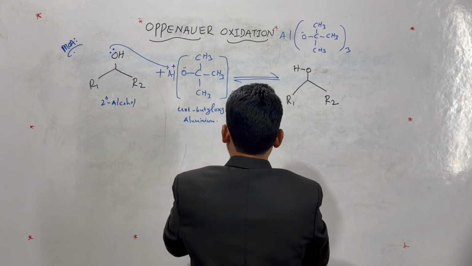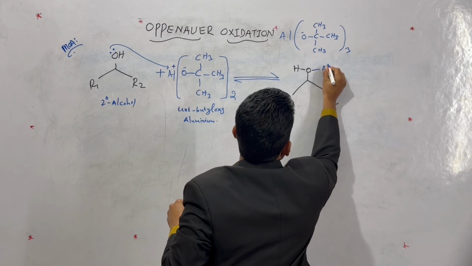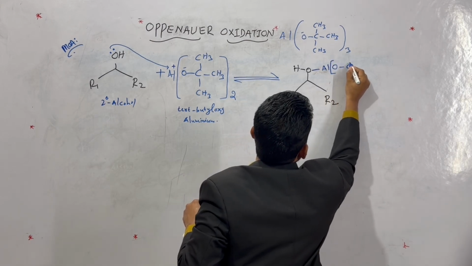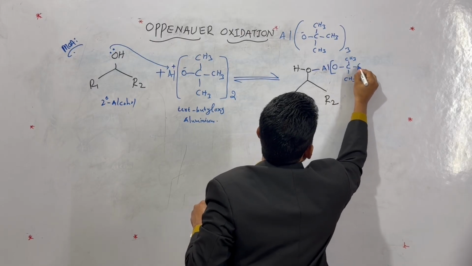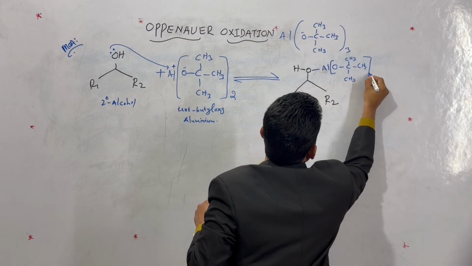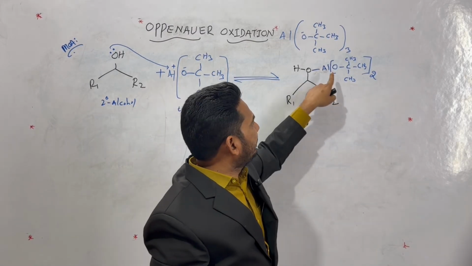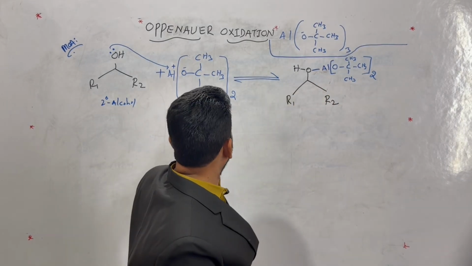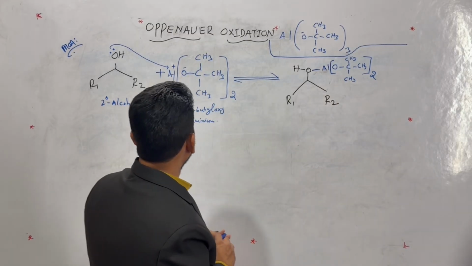Then what will be formed here? Al, here oxygen, that is tertiary butyl. How many moles? 2 moles of tertiary butyl oxy aluminum. It formed the complex with the tertiary butyl oxy aluminum. Total how many moles? 2 moles.